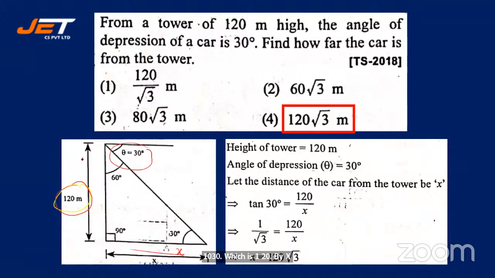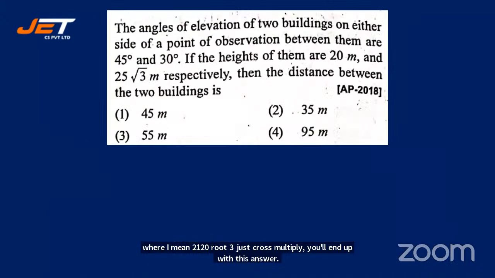That is opposite side by base. And tan 30 is 1 by root 3. So just cross multiply, you will find that x is equal to 120 root 3. All right. See the next question.